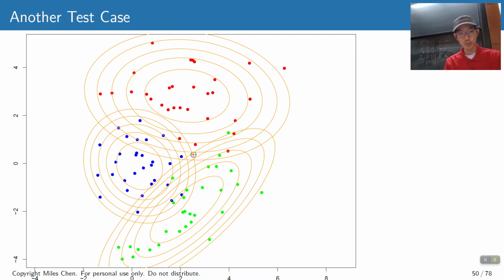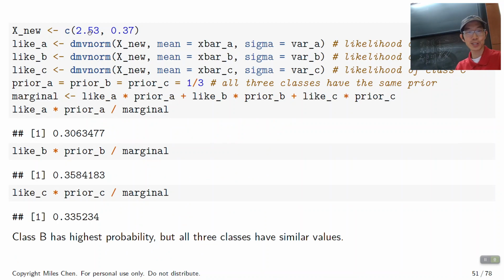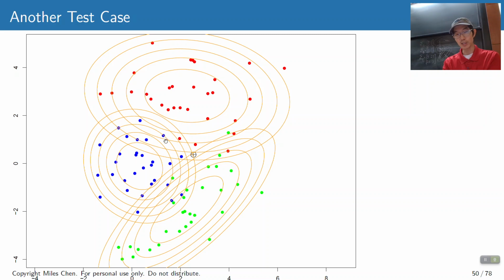And then here I tried to pick one right in the middle of all of these. If it was 2.53 and 0.37, then the probabilities for each of these are very similar: 0.306, 0.358, 0.335. And that's based on our estimates regarding the random data that we have.